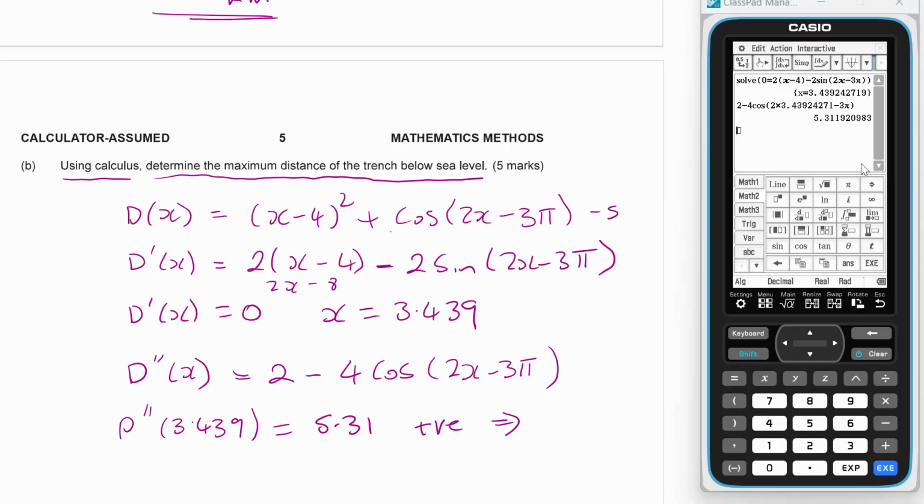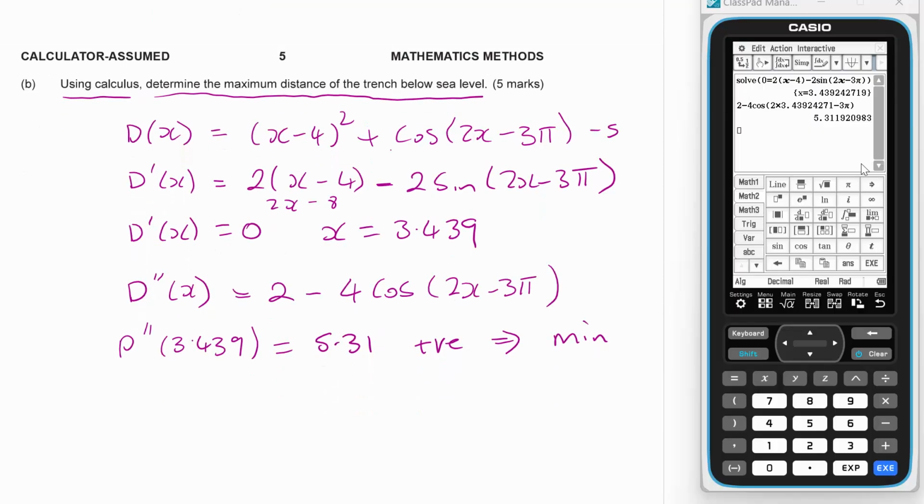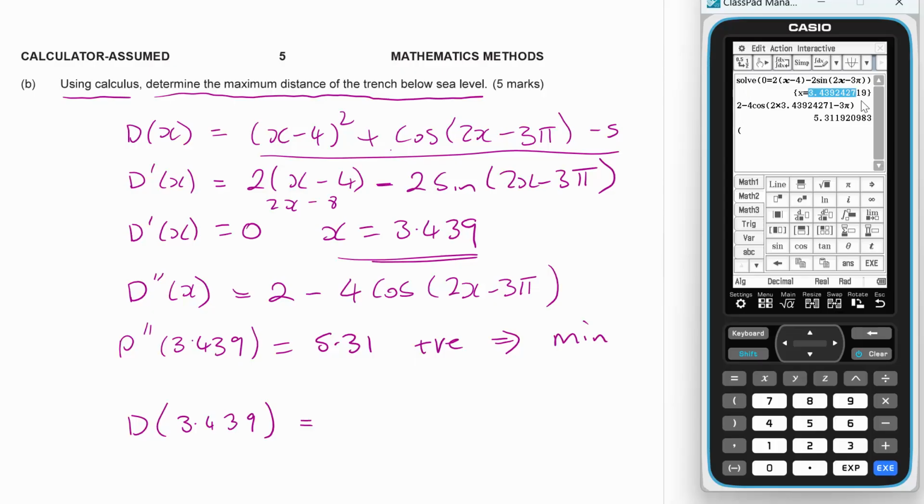And the positive there implies that we do have a minimum, and then what we need to do is substitute the x value back into the original function up here. So d of 3.439 is going to be, so it starts with x minus 4 squared, so let's just drag that value down here.